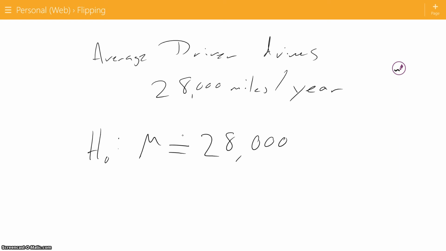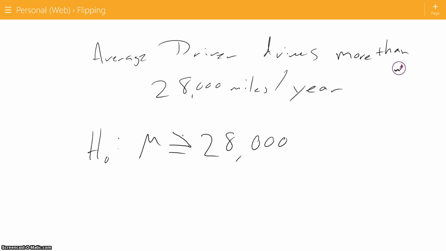But let's change this. We've seen this format before. Let's now change it to drives more than 28,000 miles per year. Now what would it look like? With a little bit of line right there, that's changed slightly.